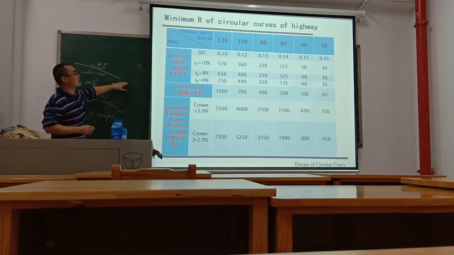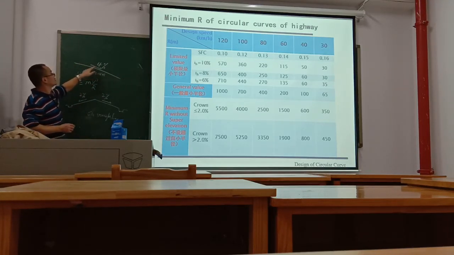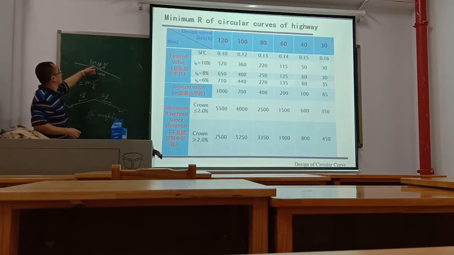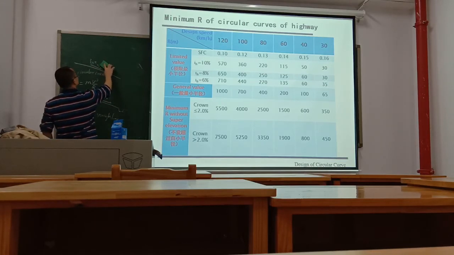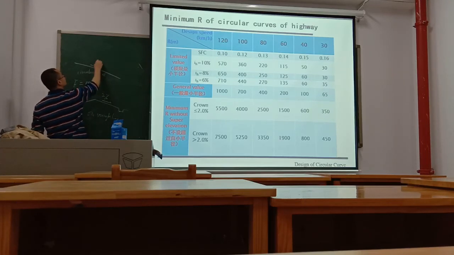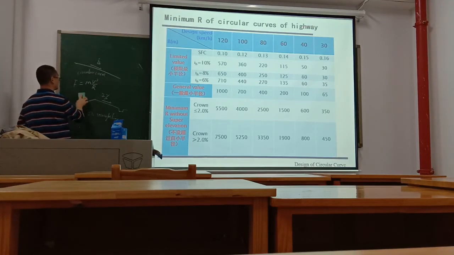The center of circular curve is on the right side, not this side. So this is IH. This is I.